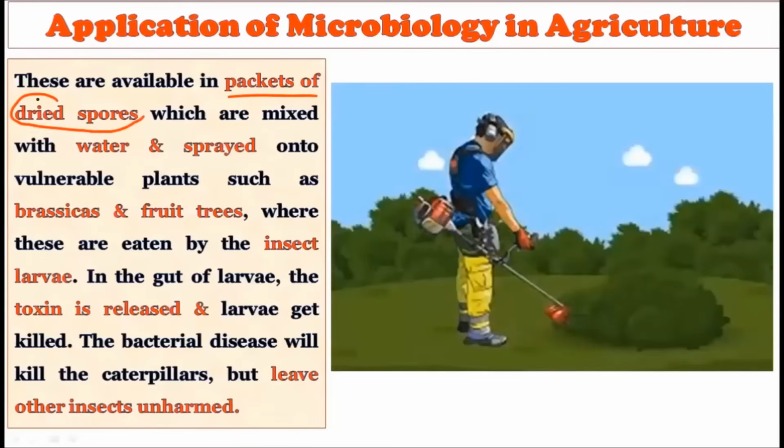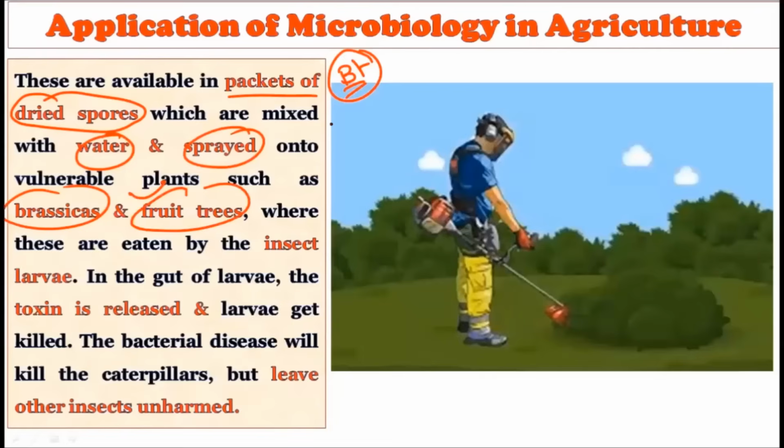They are mixed with water and spread onto vulnerable plants such as the brassicas and the fruit trees. The dried spores are brought, mixed with water, and this water is sprayed on the vulnerable plants such as the brassicas and the fruit trees, where these are eaten by the insect larvae.